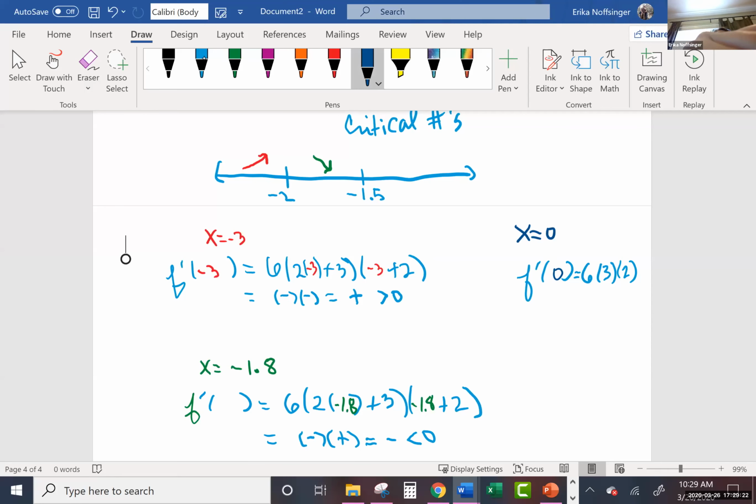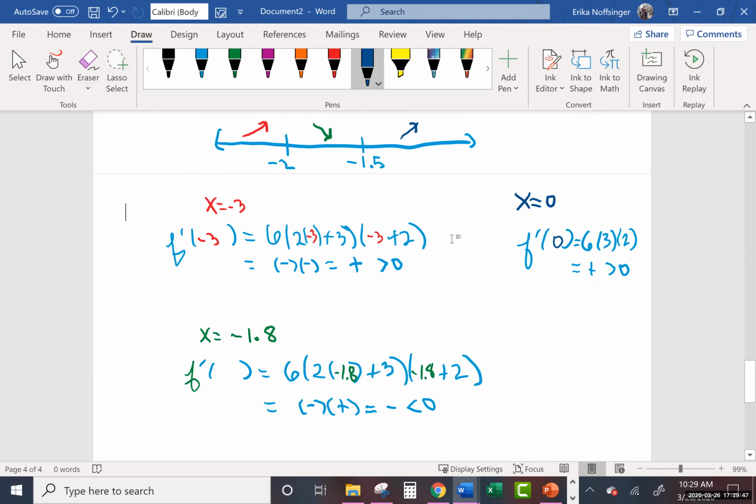And so notice that's positive. So that's greater than 0, and so it has to be increasing here. Okay, so we found out where it's increasing and we found out where it's decreasing.